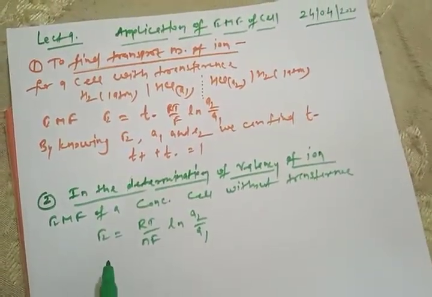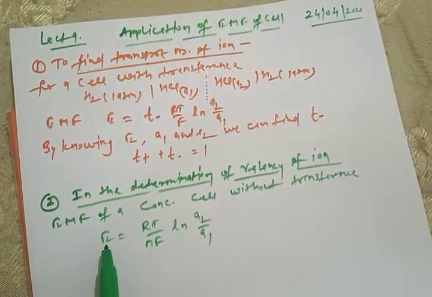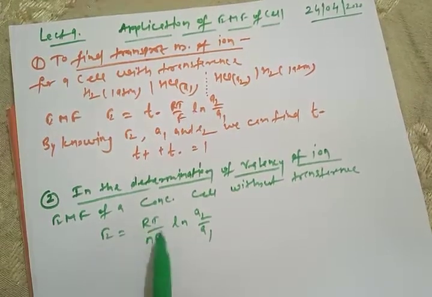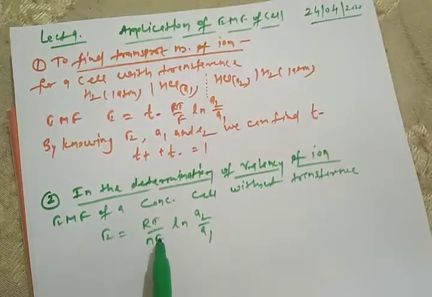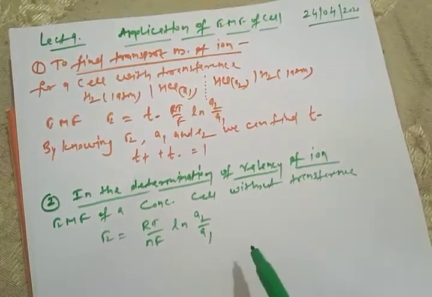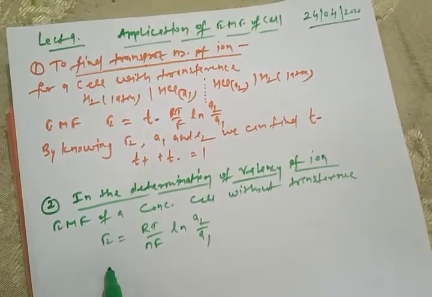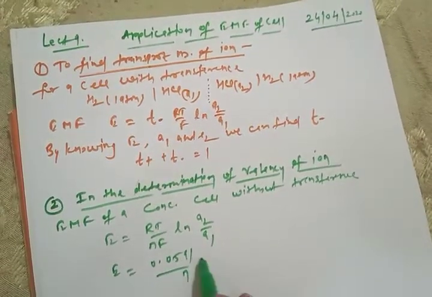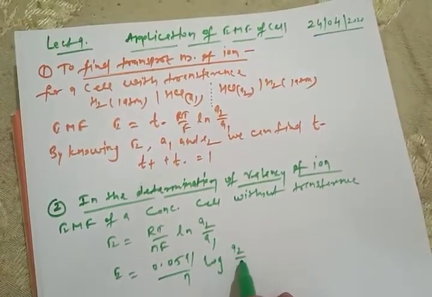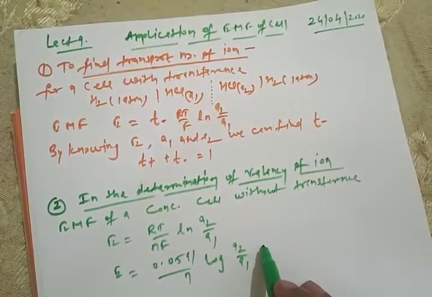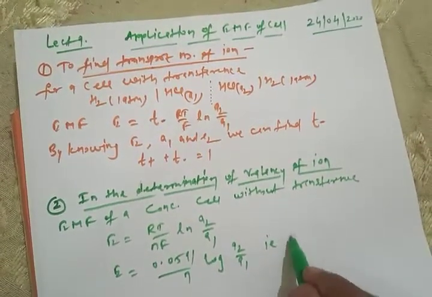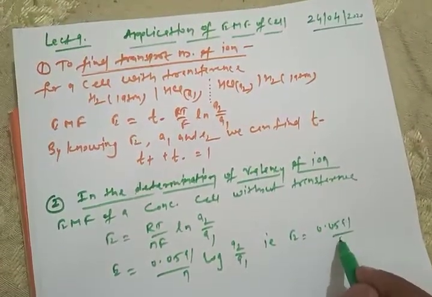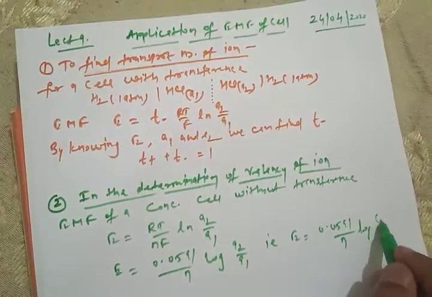Here, if you know the value of EMF and the activities A1 and A2, and R, T and F are constants, this can be replaced by 0.0591 by putting in the values. It will give E equals 0.0591 upon n log A2 upon A1, or you can even write E equals 0.0591 upon n log C2 upon C1.